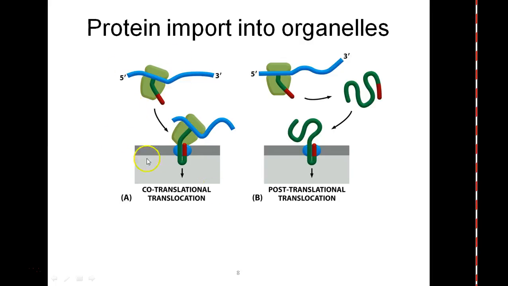So in here, what's happening here? This gray part is the membrane of some organelle. So what do we have here? What's happening here, which is different from this panel?